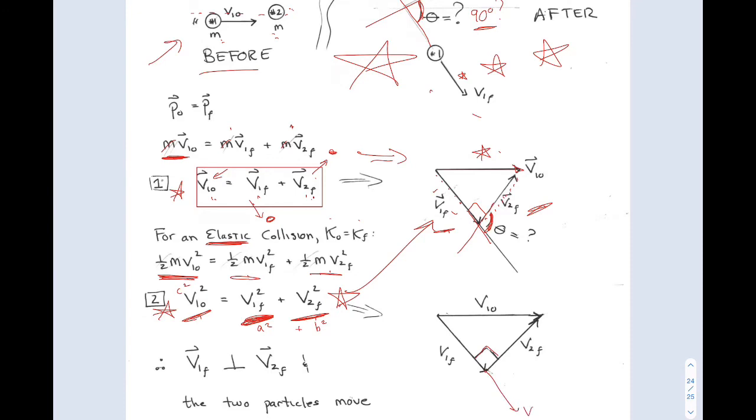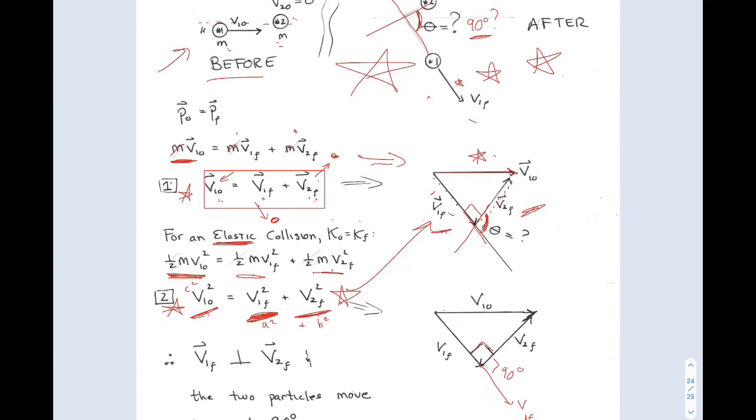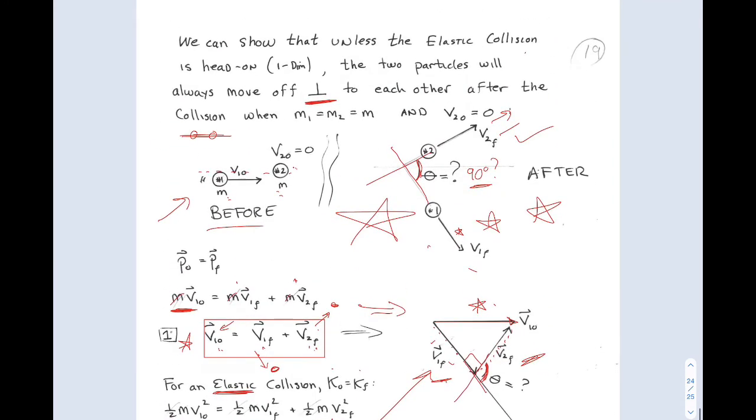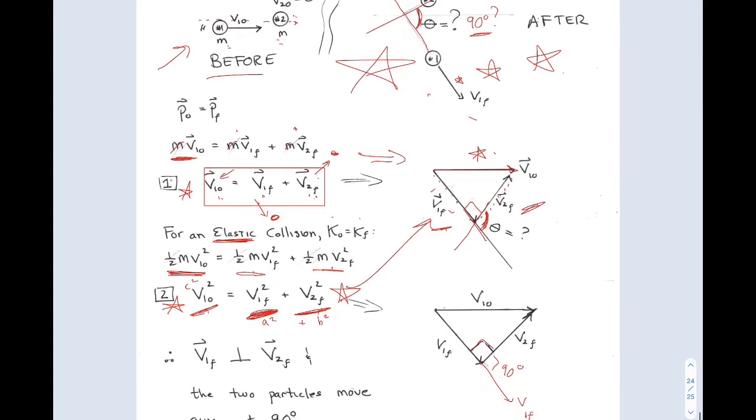So that's the direction of V1 final. That's the direction of V2 final. So sure enough, those are at 90 degrees. So when you have an elastic collision and the masses are the same, and the number 2 is at rest, this shows that they always go off at right angles.